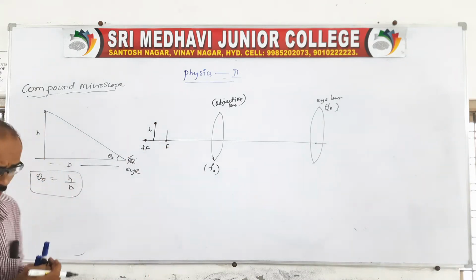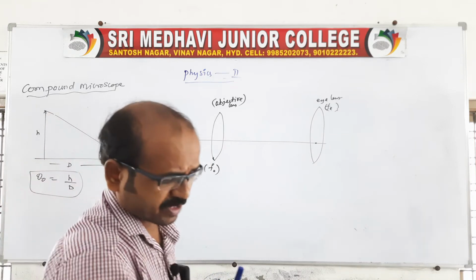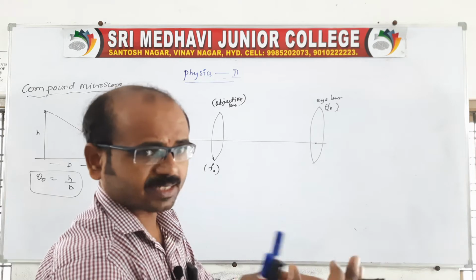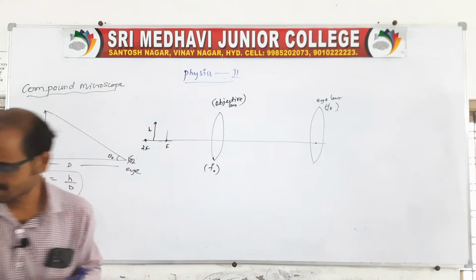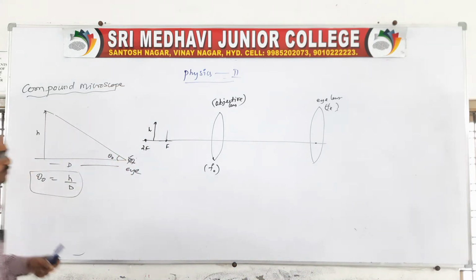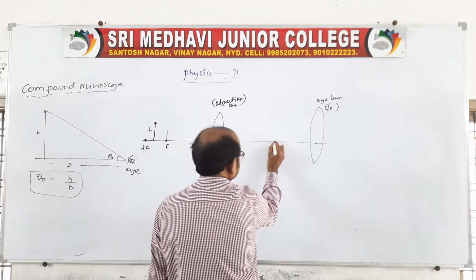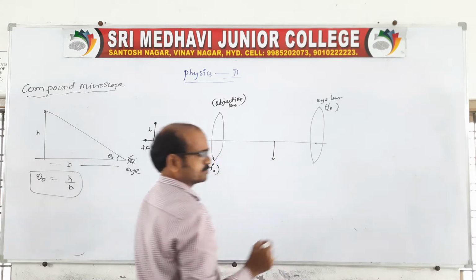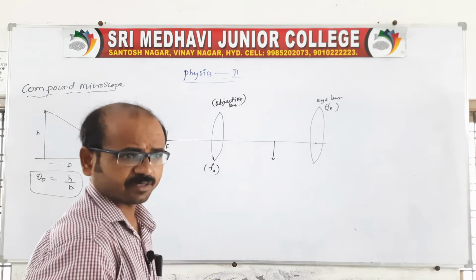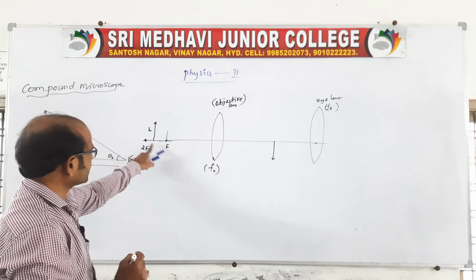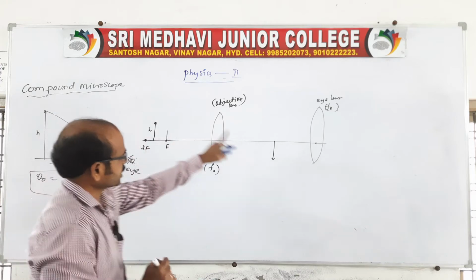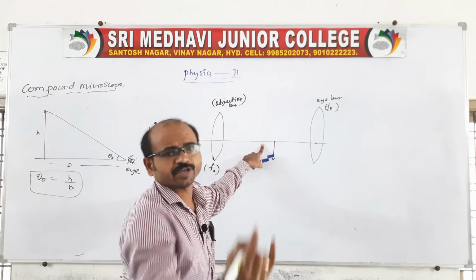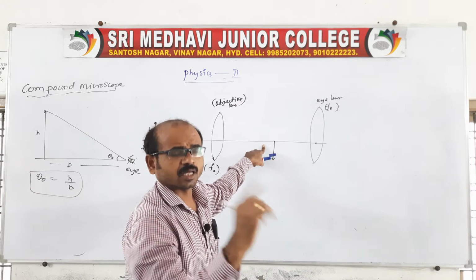Of course, we know that when the object is positioned between f and 2f, the image is formed like this, real and inverted, because it is crossing the 2f.